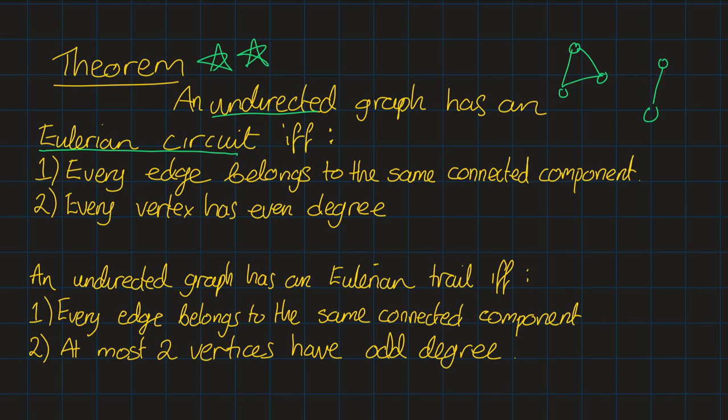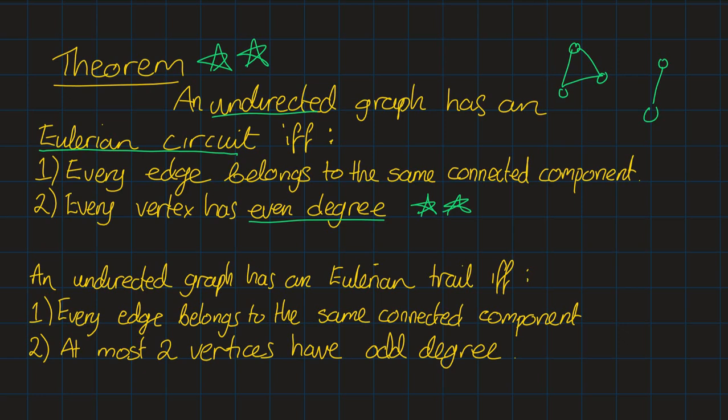So this first condition is just saying you're not allowed stuff like this. It gets rid of the really dumb examples. And the second condition says every vertex has even degree. This is the important thing to remember. To have an Eulerian circuit, every vertex has to have even degree.